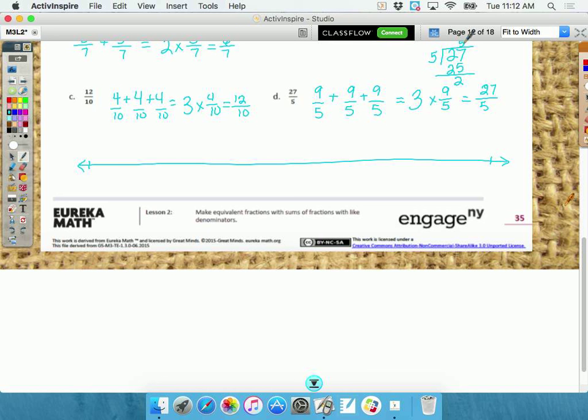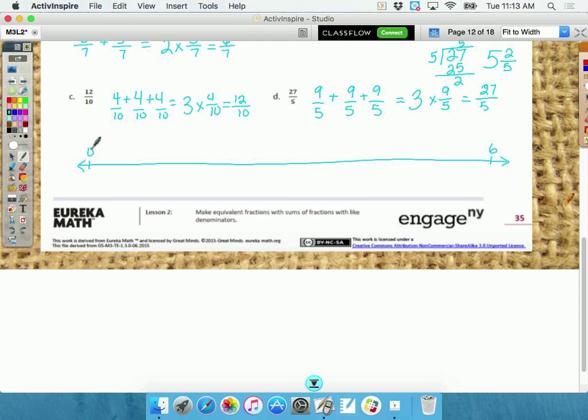So I have 5 and 2/5 for my answer, if I'm talking whole numbers and fractions instead of improper fractions. Okay? So the number 5 isn't quite big enough. So was Isaac right when he said it's 6? Yes. Aren't you glad you know how to multiply? Your life would be very hard if you didn't.